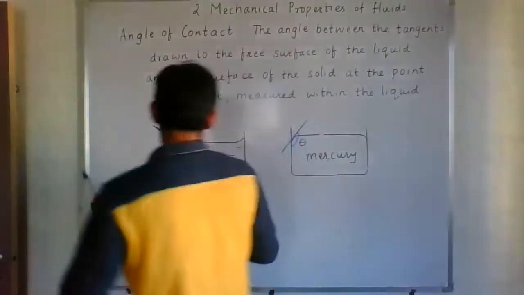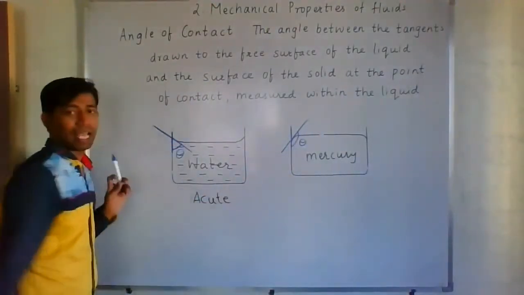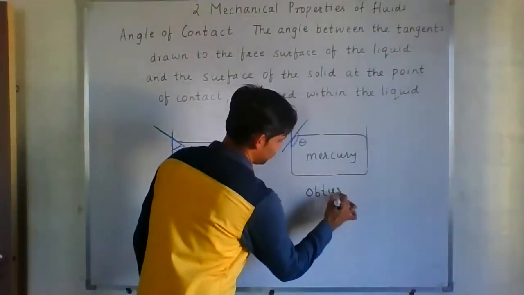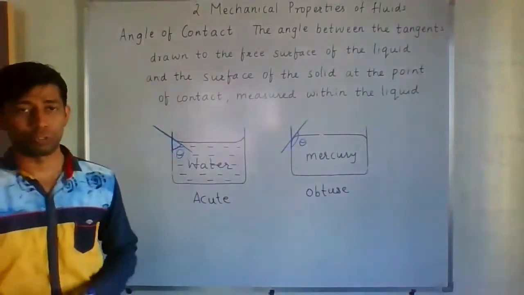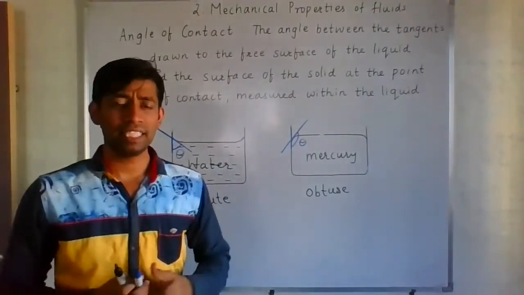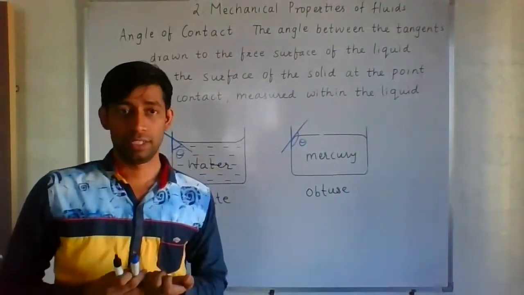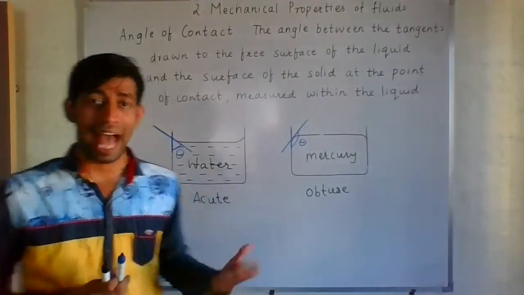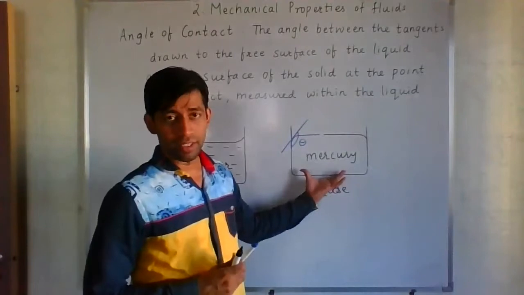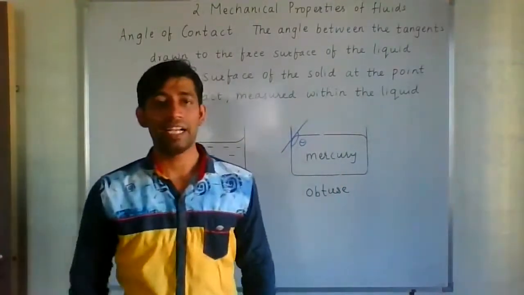Angle of contact in case of water will be acute, whereas in case of mercury, it will be obtuse, greater than 90 degree. In general, I can say a liquid which wets the solid has an acute angle of contact, whereas a liquid which does not wet the solid has an obtuse angle of contact.